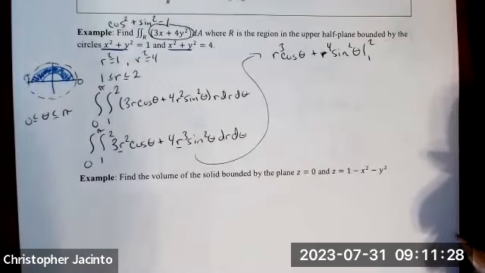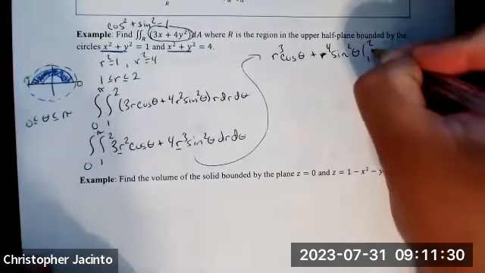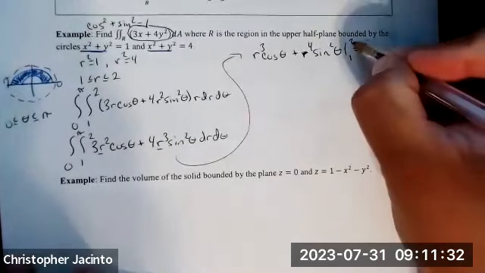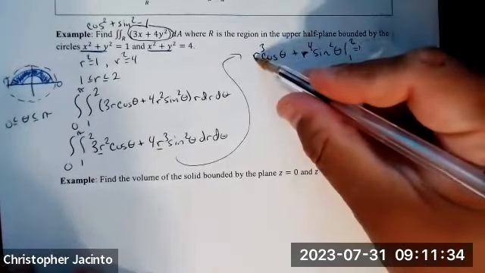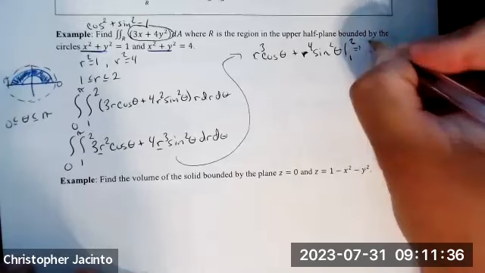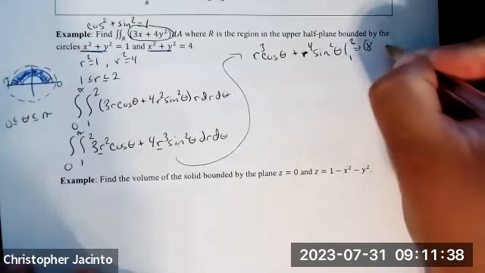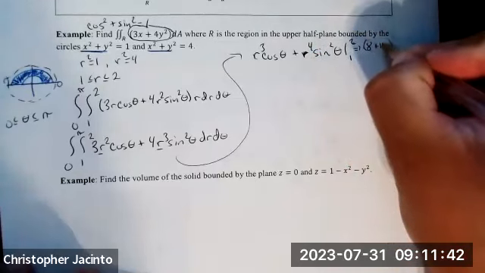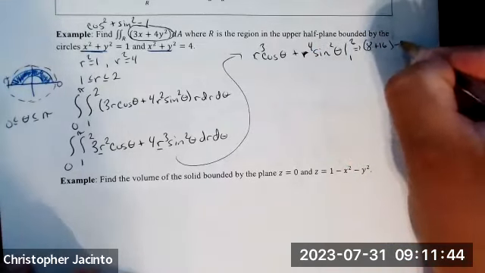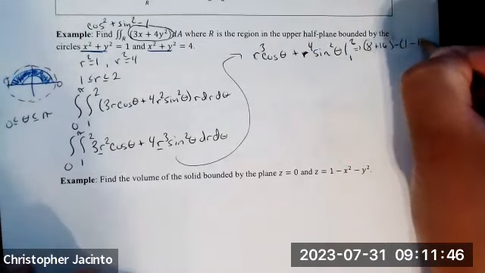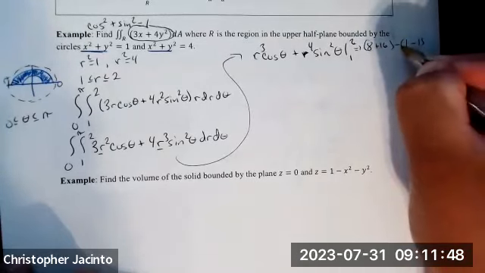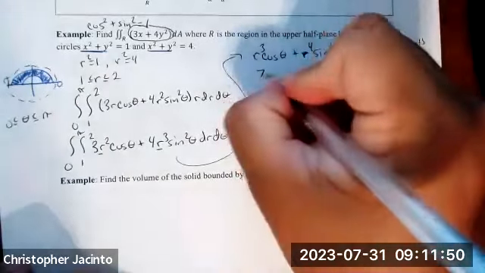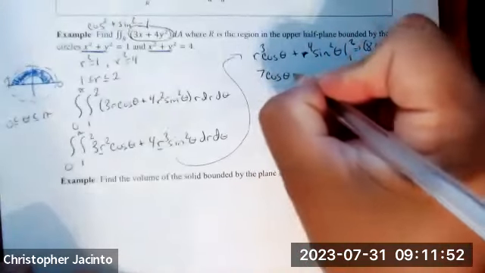Okay. So this is one of the steps I'm probably going to skip real quick, so I'll just explain. If I plug in 2, I get 8. Plug in 2, I get 16. And then minus 1 and 1. So I get 8 minus 1 is 7, so I get 7 cosine theta.